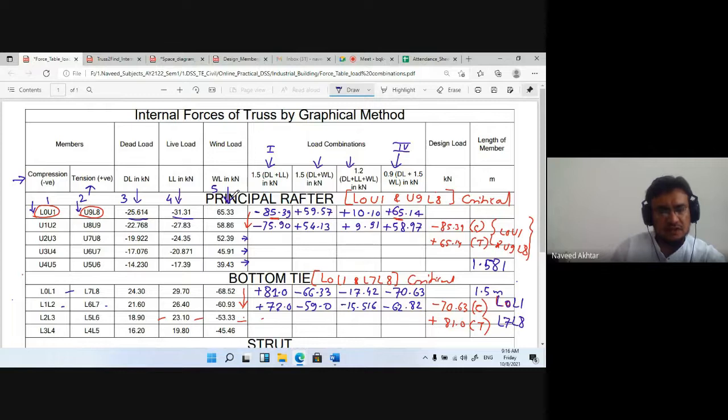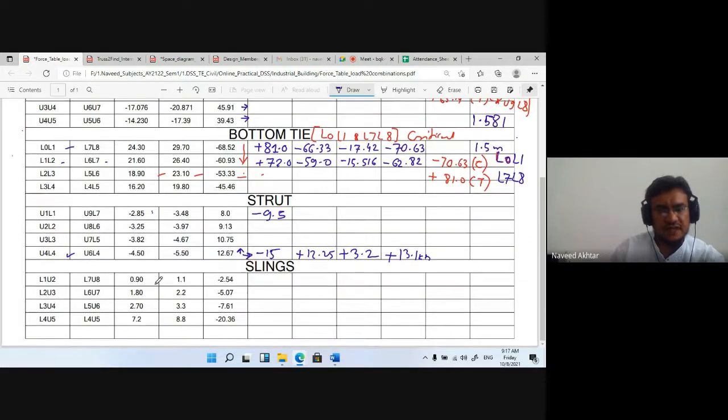Column 3 is for dead load, column 4 is for live load, and column 5 is for wind load. All the internal forces were calculated for the members of the truss and written in.